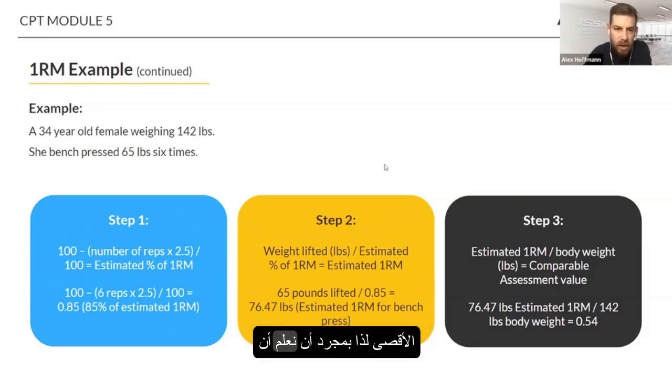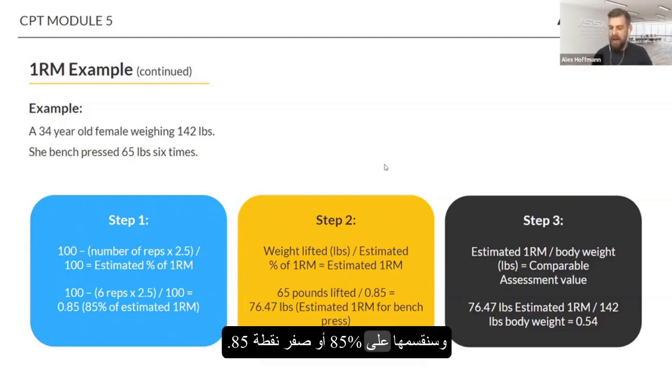So once we know that the weight the client lifted was 85% of their 1 repetition max, we can then use that information to gather what the client's estimated 1 repetition max is. This is pretty simple to do. She bench pressed 65 pounds, so we're going to take 65 pounds and divide that by 85%, or 0.85.